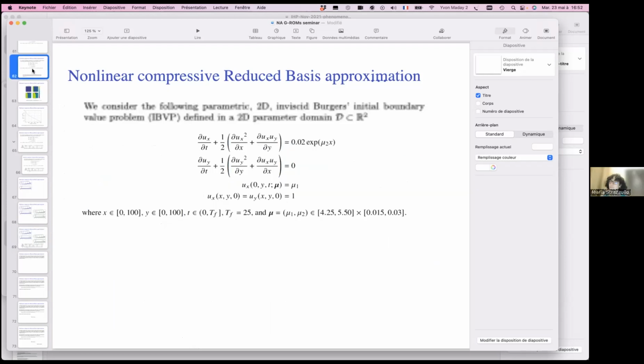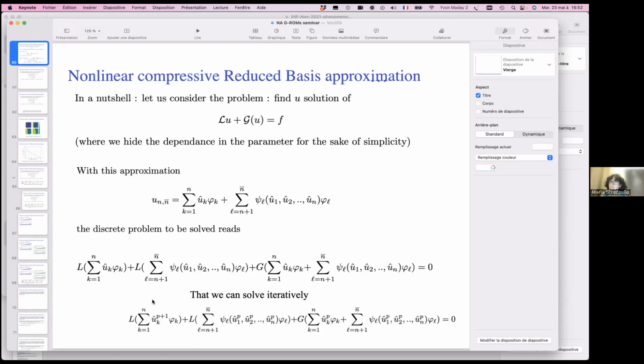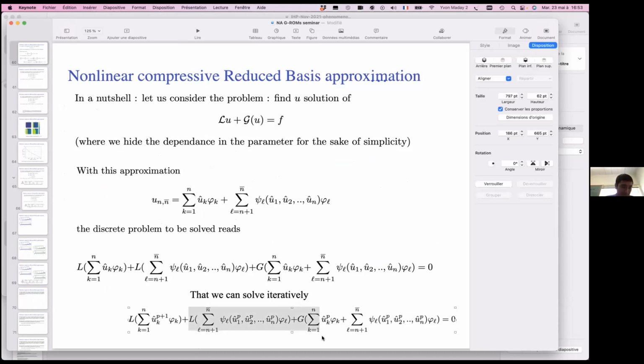Let's see if there are other questions. But each time, the problem you solve is this one, because all this part is going on the right-hand side. Yes, right. All this is going on the right-hand side, okay? And the only thing is to invert this part here, which is of dimension small n, 10 here.